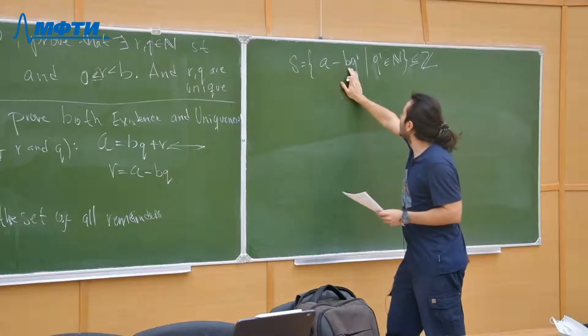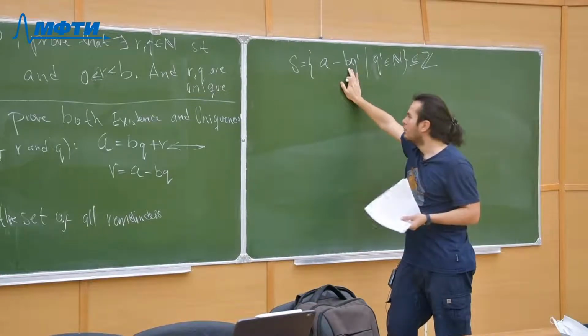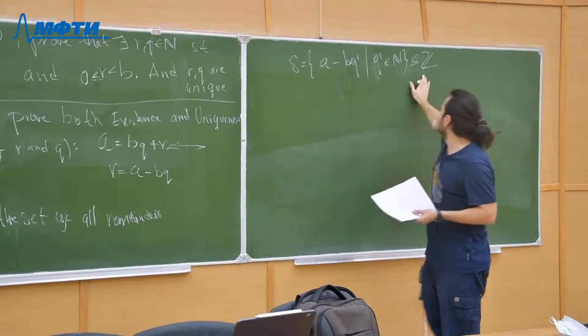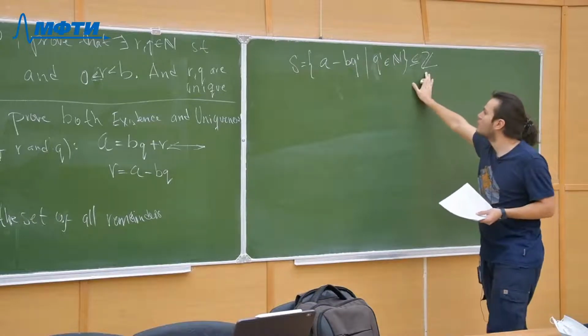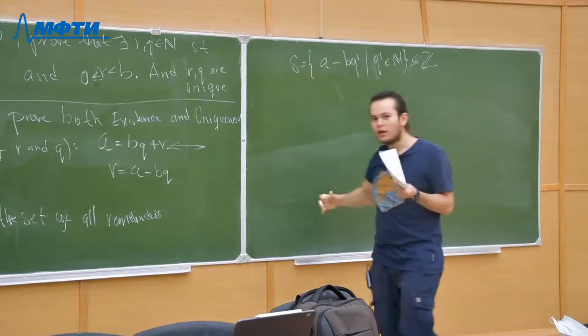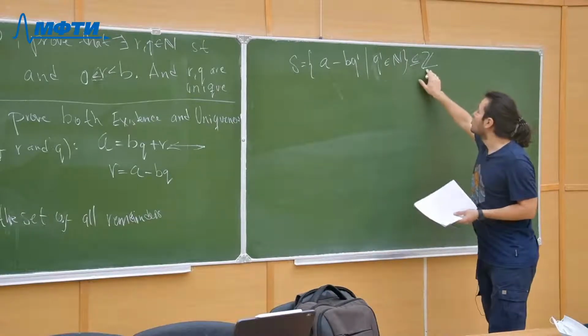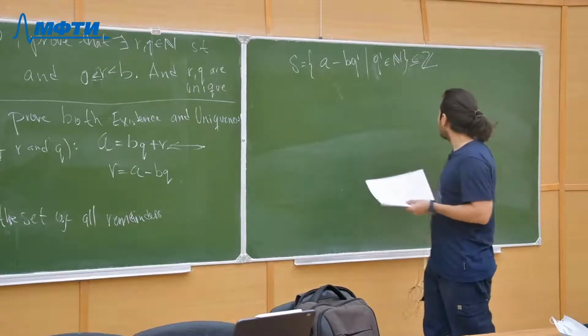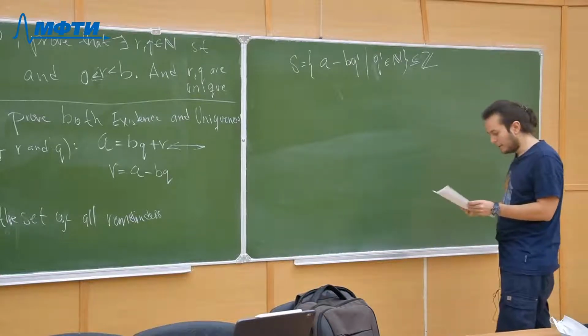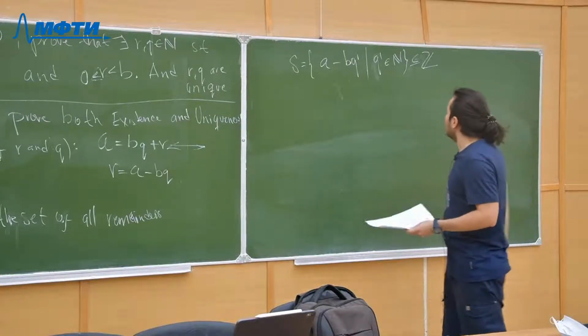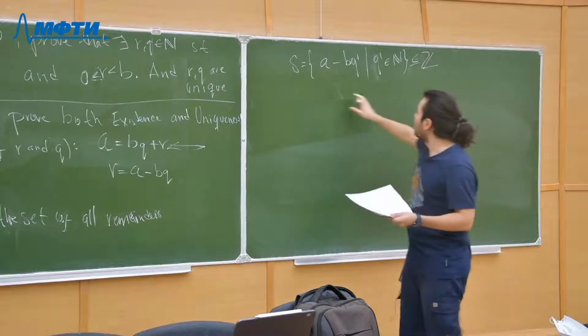So maybe we can get not only natural numbers, but integers as well. So this is a subset of the integers. I believe that you know what the natural numbers and the integers are. Okay, so we have this set.